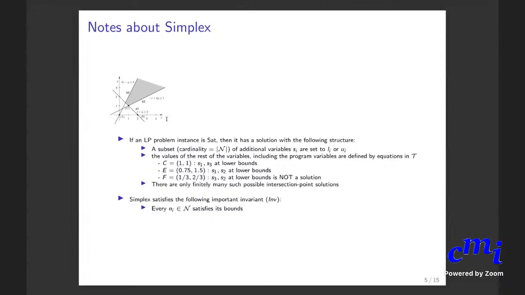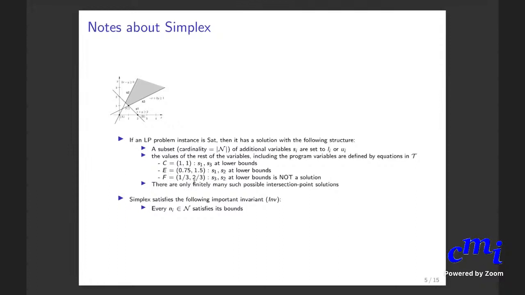Further observation is when you have multiple solutions, like in this example, the point C and point E, which is the intersection of S2 and S3, both are solutions, okay? And you can actually derive the solution E from the solution C. C and E are solutions. E can be expressed by pivoting the appropriate variable.